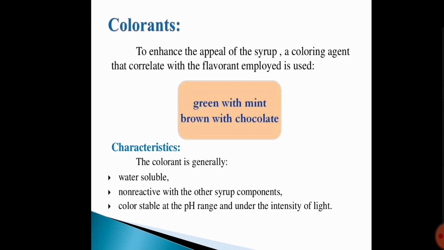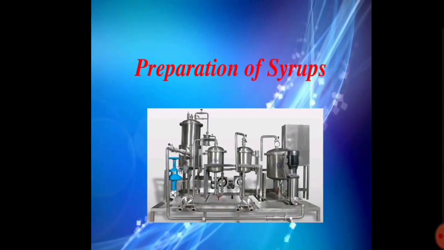It must have a shelf life of more than 2 years. And the effect of light must be minimal on the coloring agents, because colorants are mostly sensitive to light. So we have to use colorants which will not be deteriorated by the impact of light.